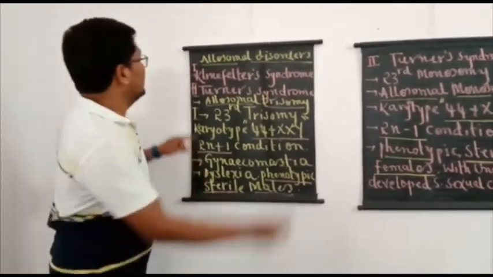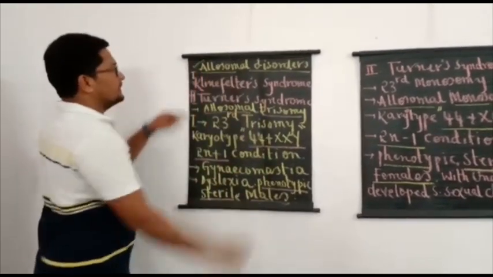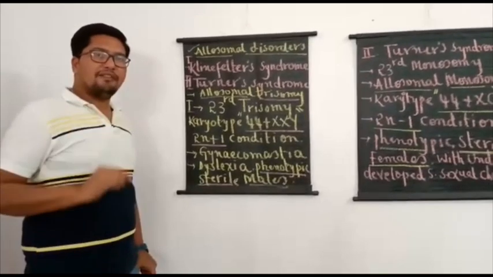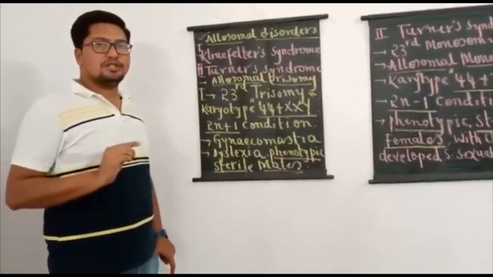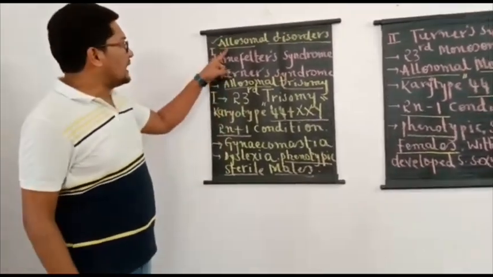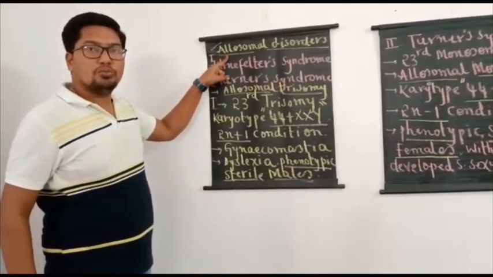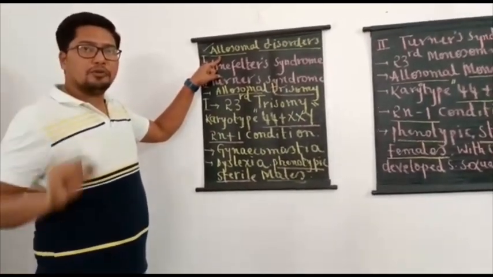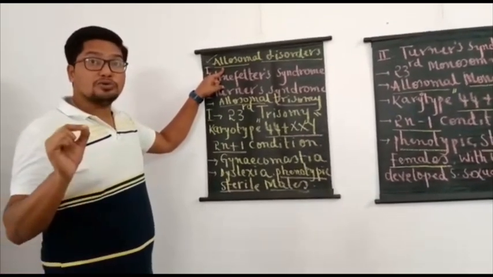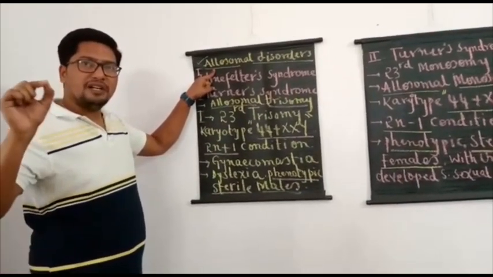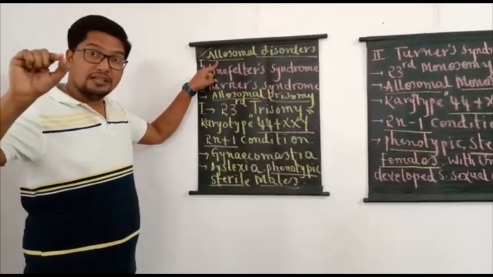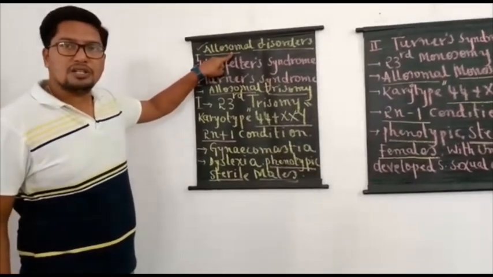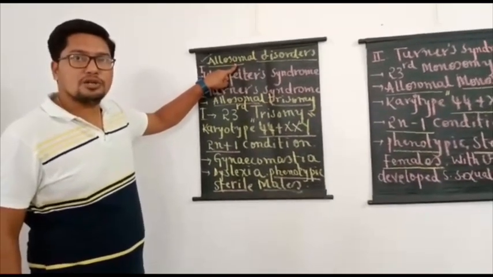Now, let us start with the allosomal disorders. So, till now we have completed autosomal disorders. Now, the allosomal disorders in the human population. It is very clear. The 23rd pair of chromosomes are called allosomes. So, whenever the problem is with the 23rd pair of chromosomes, such chromosomal disorders are called allosomal disorders.